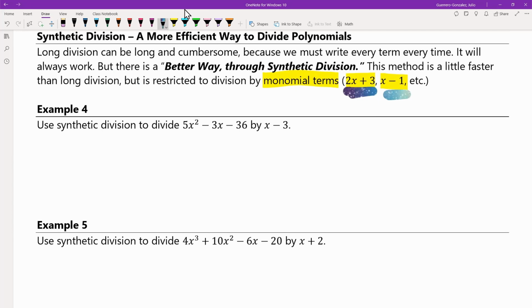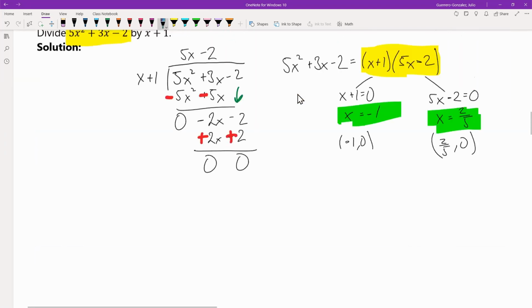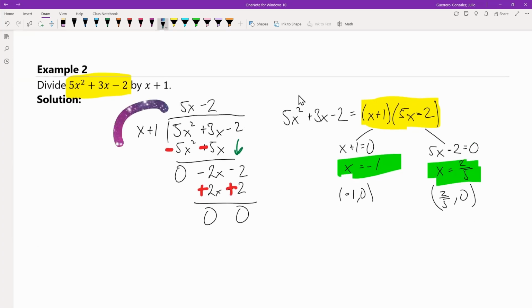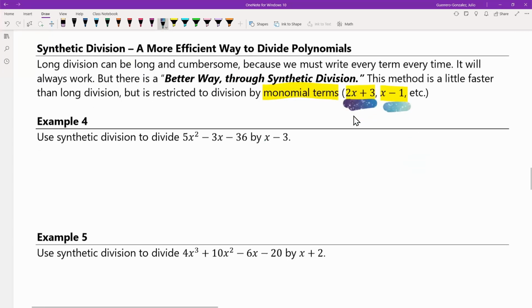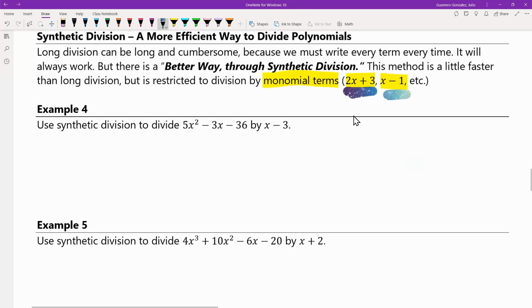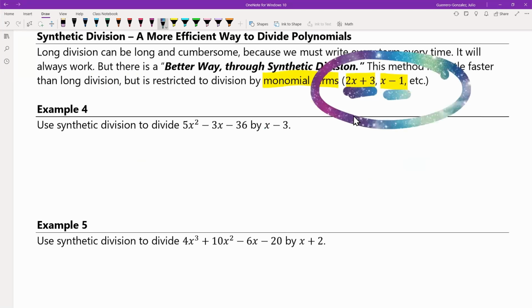Long division, you can divide by whatever you want. This thing over here can be whatever it wants to be for long division. But like I said, this one's the one that takes forever. Synthetic division is much faster, but it's only restricted to these kind of terms right here.